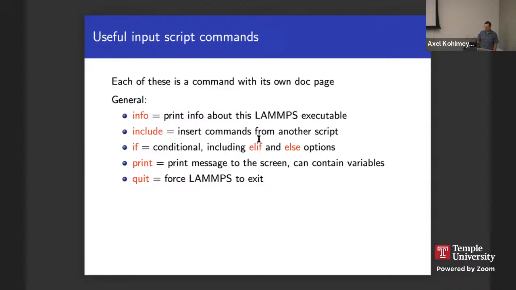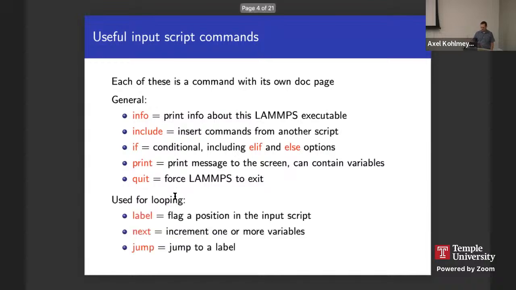There's some conditional commands. So like if, else, and elif. For scripting, you can print. So print messages to the screen. Can contain variables. We talked about this for debugging input scripts. And then you can also use the quit command that forces LAMMPS to exit. You can also loop.